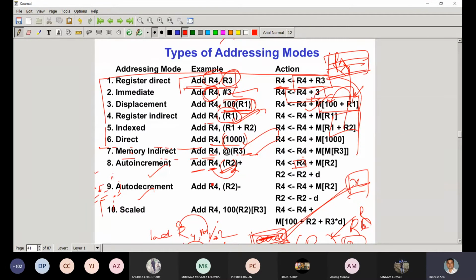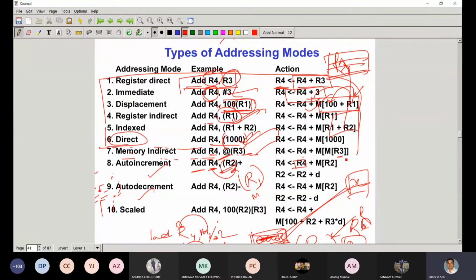Register indirect, because I have directly specified the register and then mentioned the braces. If I give some memory M or some value, then I can say it is a direct reference of the memory. But here, though I have given an ampersand sign to mention that it is a memory reference, generally I can specify memory indirect also in this way: the register contains some address.